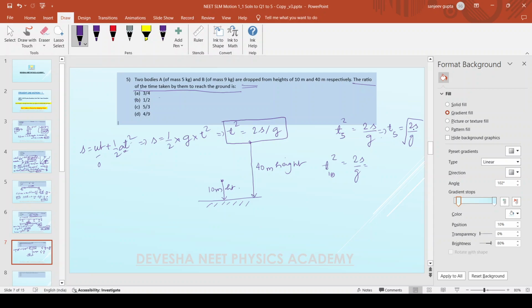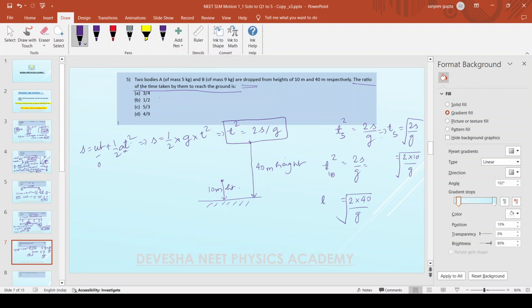In this case, s is given as 10 meters, so this will be 2 into 10 by g. In this case, this will be 2 into 40 by g.